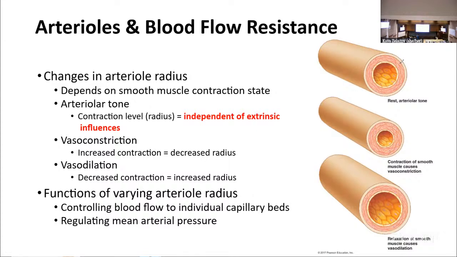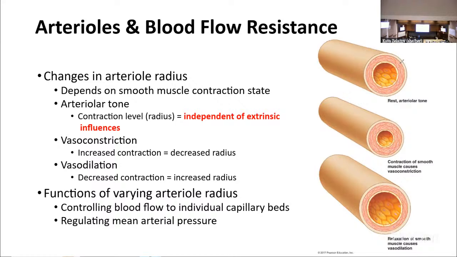Now, the reasons we're going to want to do this have to do with directing blood flow to specific places. So we can use the resistance and the total peripheral resistance to maintain your blood pressure overall, and we'll talk about how that works. We can also use it locally within an organ to say, hey, we're going to constrict down blood flow over here.